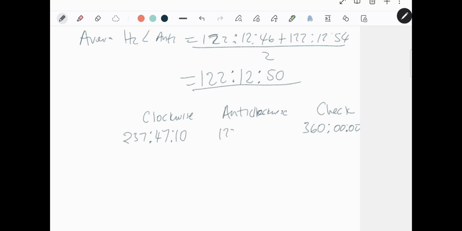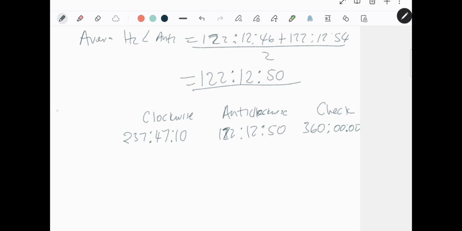That side it's 122, 12, 50. So now let's try and add them. I was not supposed to write that 360 already, but let's see if they are giving us 360. So 122 plus 237, 47, 10. So now they are giving us 360.